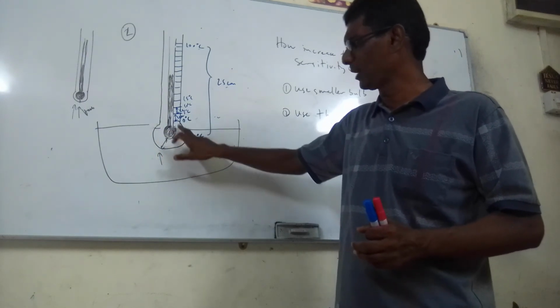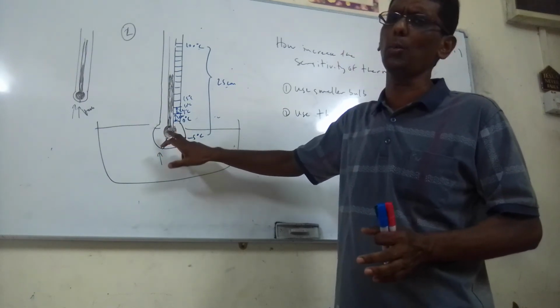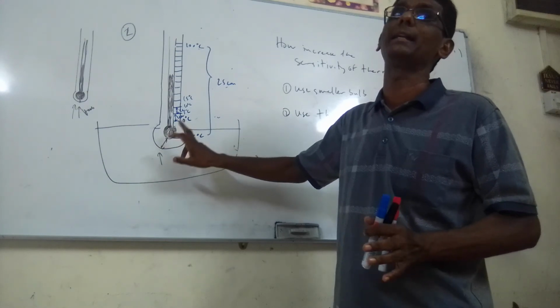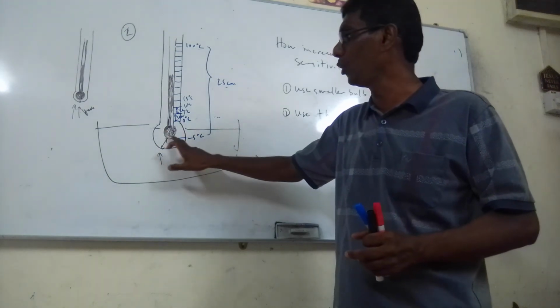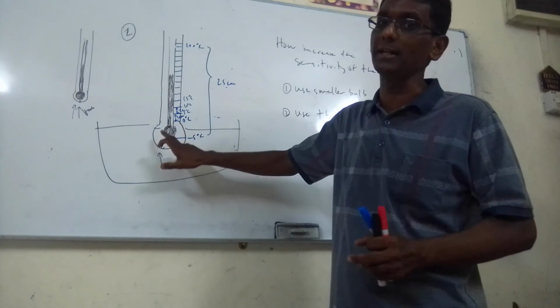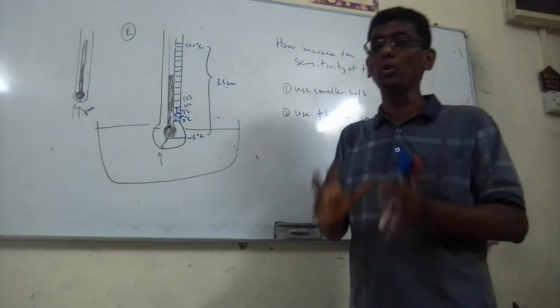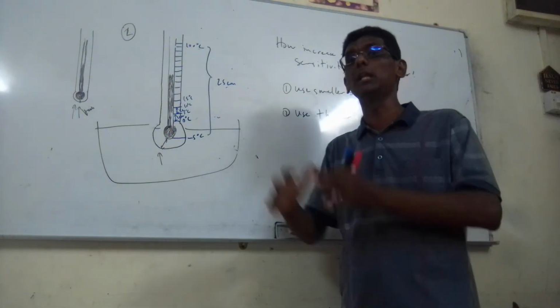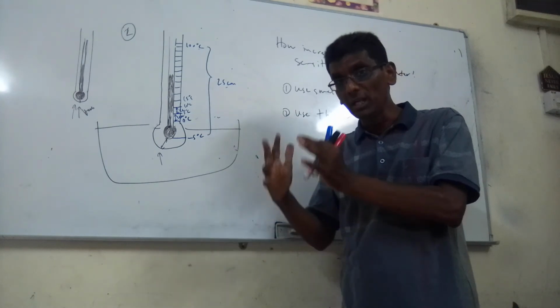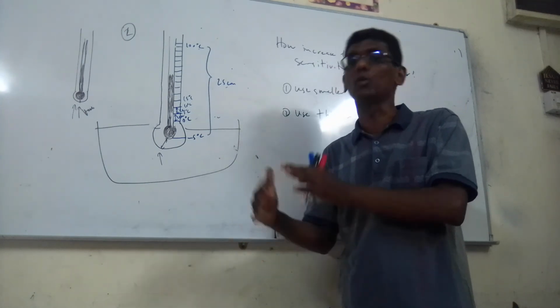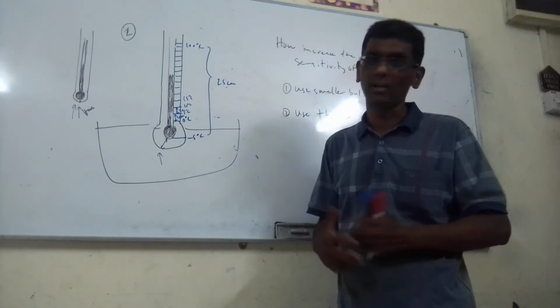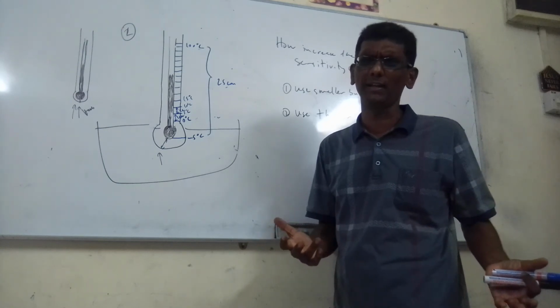Second reason, mercury has a low melting point, because mercury is the only metal in liquid form at room temperature, 25 degrees Celsius.